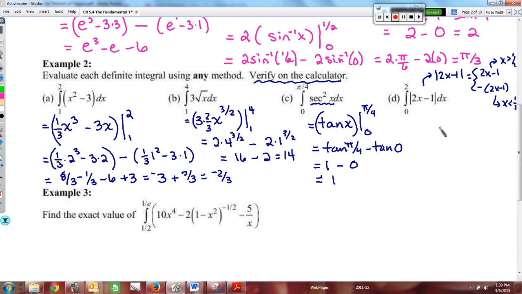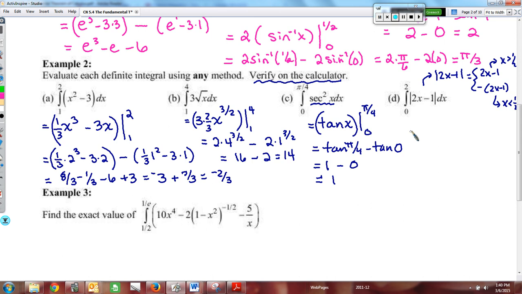You want to make your life easy and realize that when we do this definite integral, we actually have two things that we have to calculate. We have to calculate the integral using this up until we get to 1/2, and then we have to integrate using this after we are at 1/2. And it's going to matter because 1/2 falls in this interval.